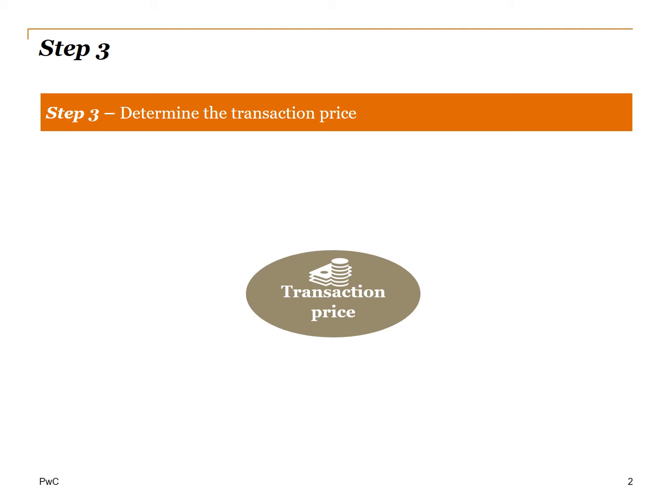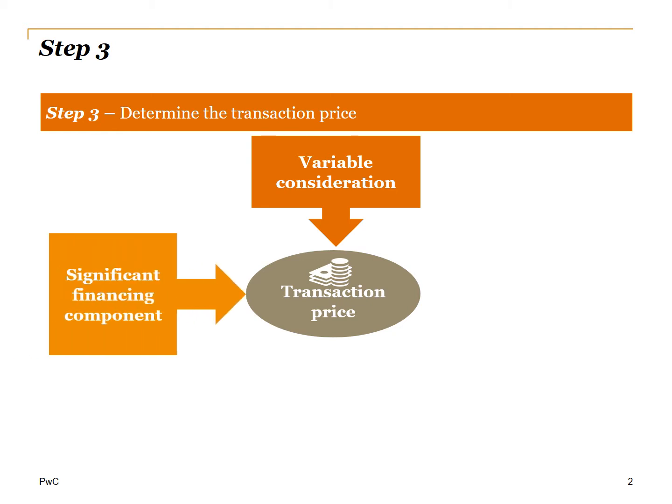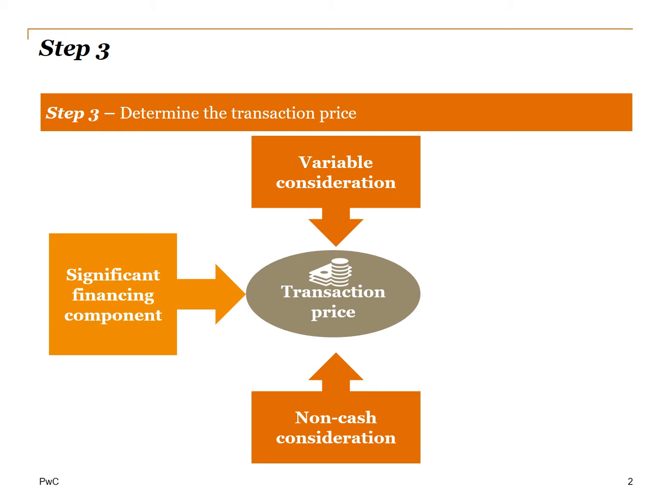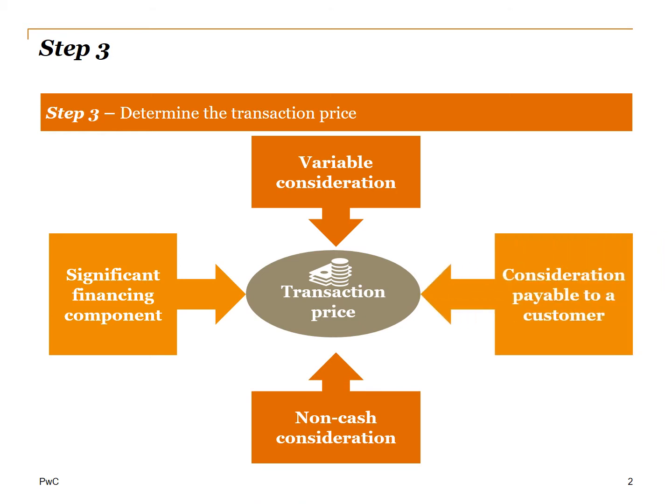However, complexities can arise if a contract includes variable consideration, for example, price concessions or rebates, a significant financing component, non-cash consideration, or consideration payable to the customer, that is other amounts paid to the customer, all of which need to be taken into account when assessing the transaction price.